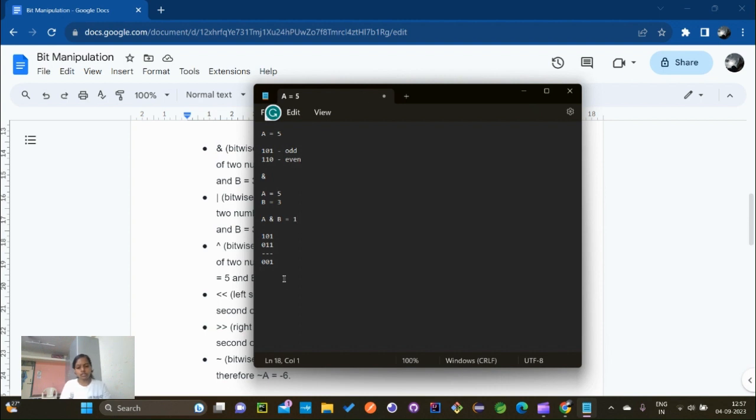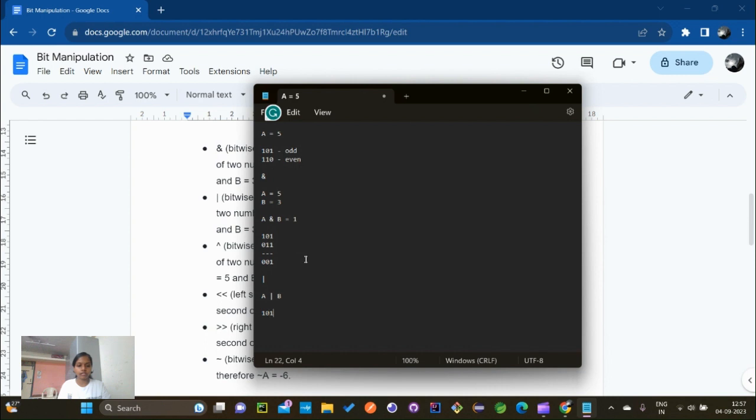So the next operator is the OR operator. If we take again the same example, A OR B, we have to find. While using the OR operator, we have to see if any of the two bits we are comparing is one. If any of them is one, then the answer is one.